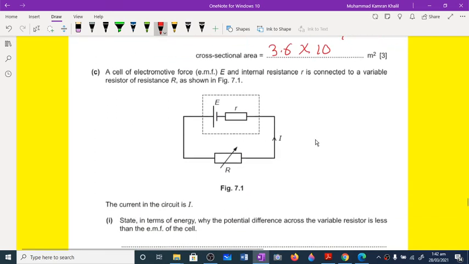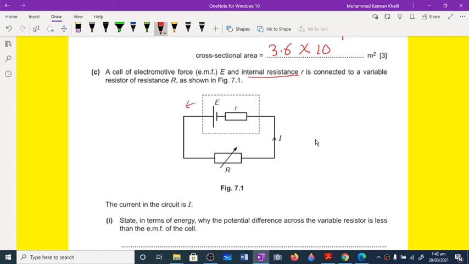The next part, C. A cell of electromotive force and internal resistance. Now they have given the internal resistance, so we will not ignore it. State in terms of energy why the potential difference across the resistor is less than the EMF of the cell.